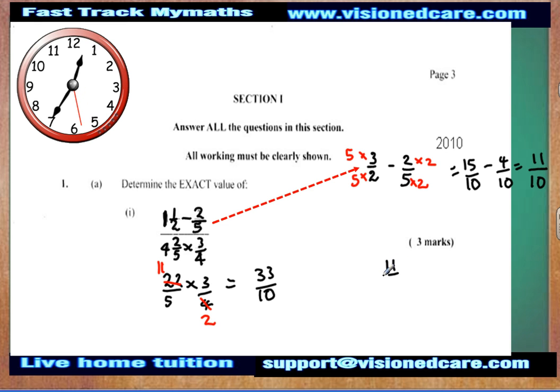So we have 11/10 divided by 33/10. So in this case we have 11/10 times, when we divide by a fraction, we simply multiply by the reciprocal. So in this case the reciprocal of 33/10 is 10/33.